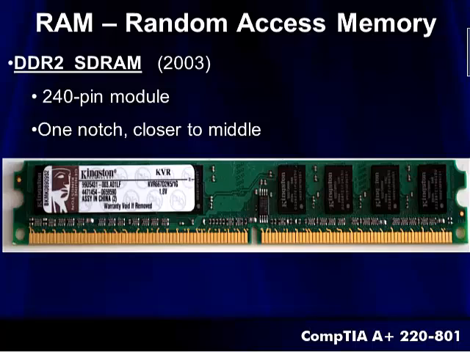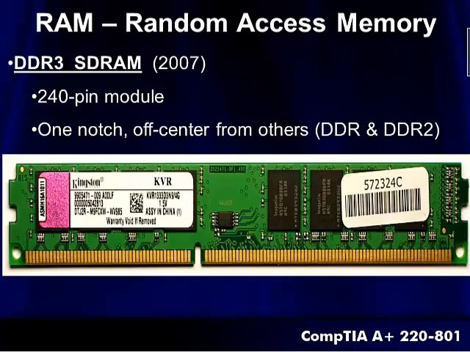You can't take a DDR memory module and put it into a motherboard that's made for DDR2. DDR2 is 240 pins, and DDR3 is also 240 pin. So here's a DDR3. It came out around the year about 2007. This notch is a little bit more off-center compared to its cousin, the DDR2.